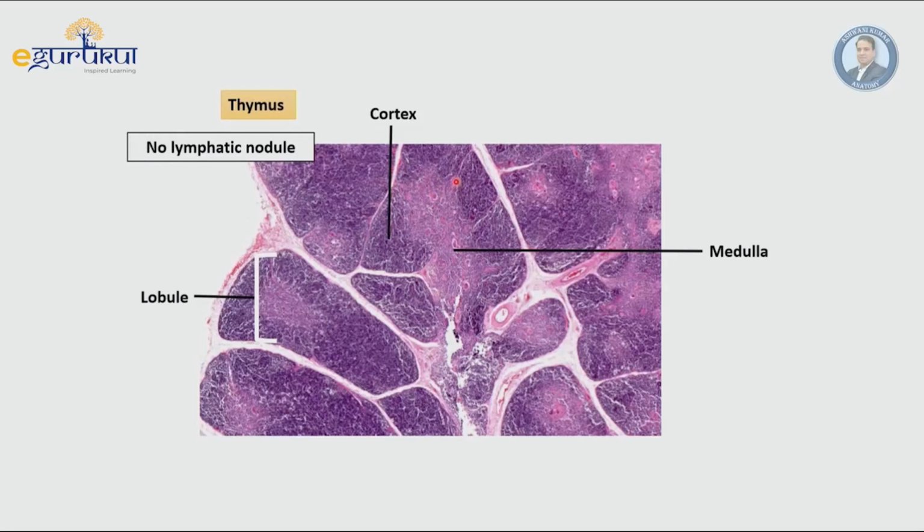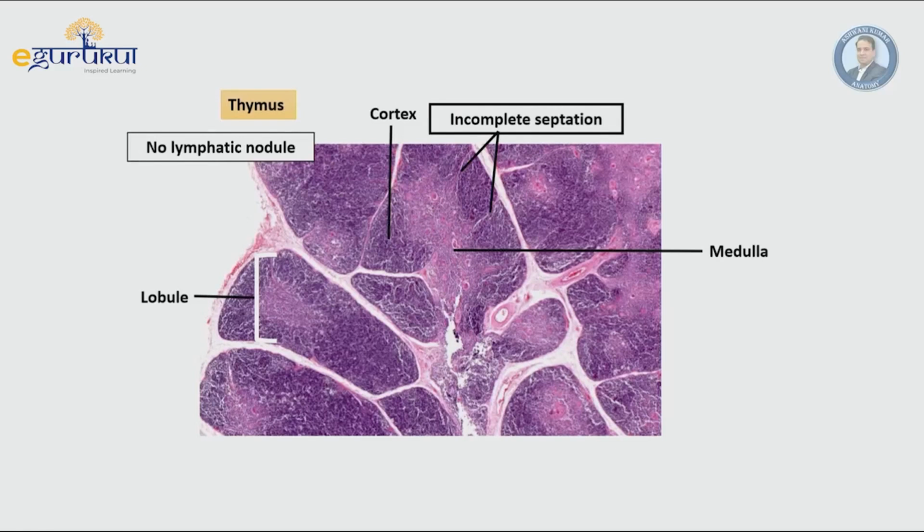And we have these incomplete septations, which are dividing the cortex part, not the medulla. You look at the cortex, it is divided by these incomplete septations. And that's why they say that if you look at a lobule of a thymus, we have a common medulla for many cortices. So these are all individual cortices found because of these incomplete septations. And for all these cortices, we have this common lightly stained medulla in the middle.